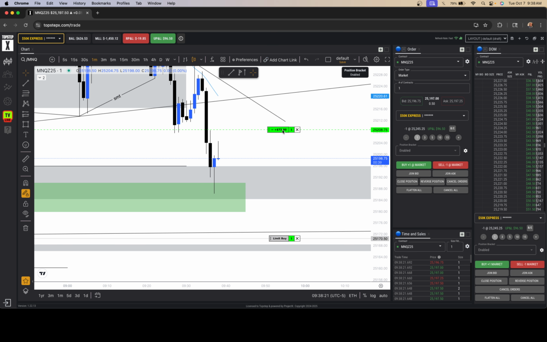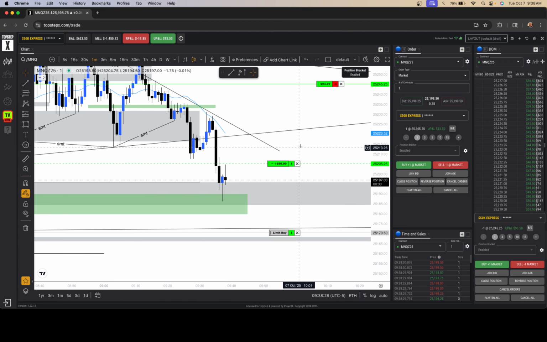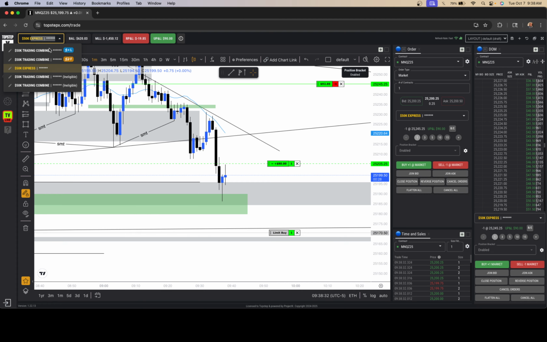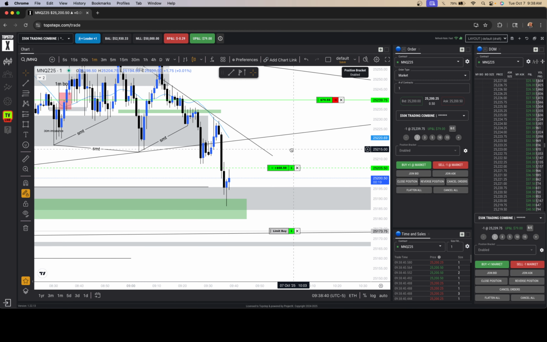I think for this account, we'll put the stop loss right there. It'd be nice if I could get 150 off of the account, but you know, if we can't, we can't. Put the stop loss right there.